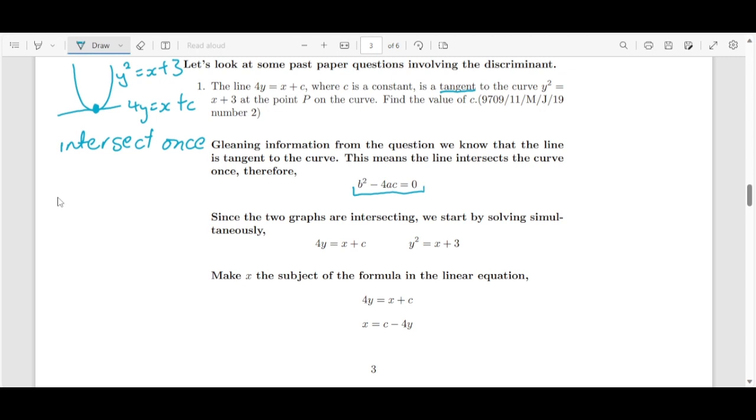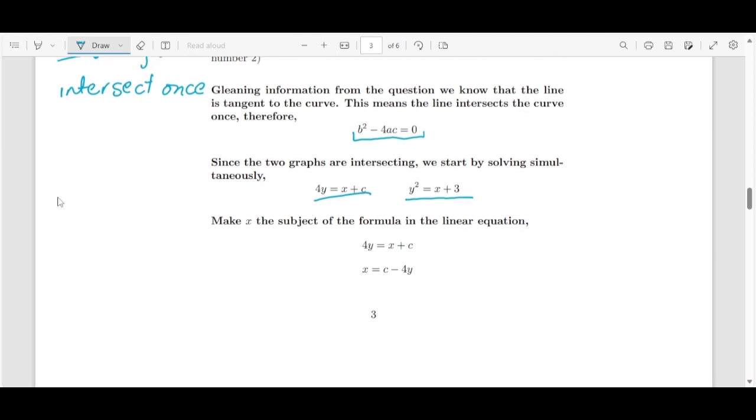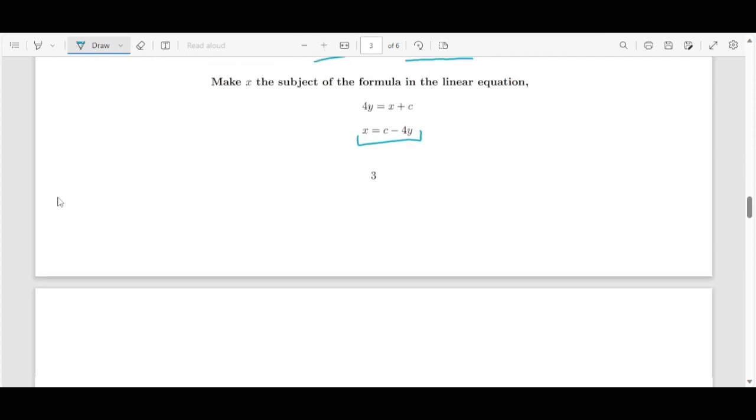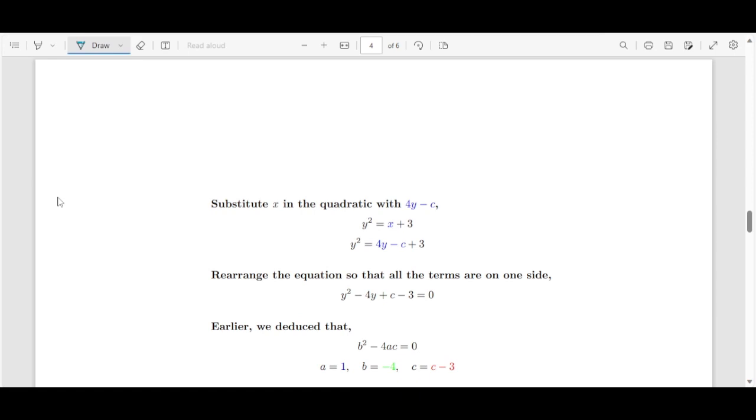So you come here, you have your two equations, 4y equals x plus c, y squared equals x plus 3. We'll make x the subject of the formula in the first equation, and we end up with x equals c minus 4y. Now substitute that x into the second equation. Now we have an equation where y squared equals 4y minus c plus 3.